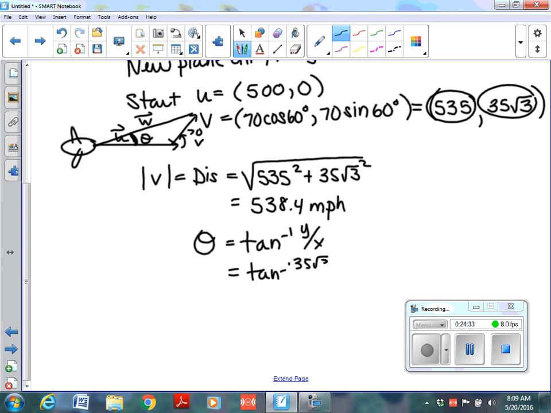It's tangent inverse of 35 square root of 3 divided by 535. And you're going to get an angle of 6.5. So the airplane moved in the air 6.5 degrees, and it's going up. It's going up to 538.4. Okay.